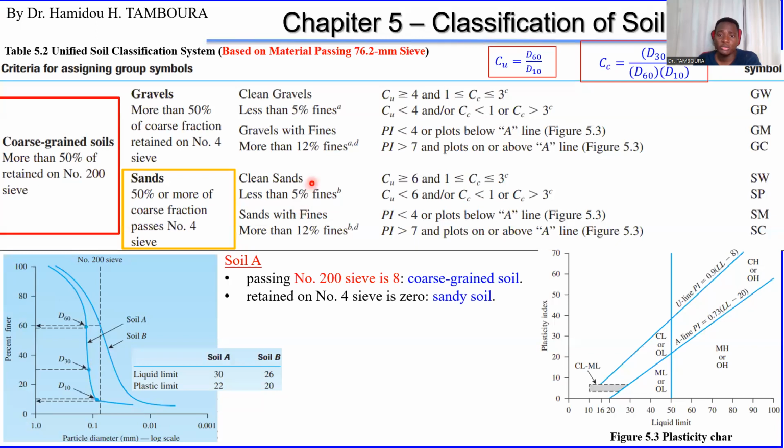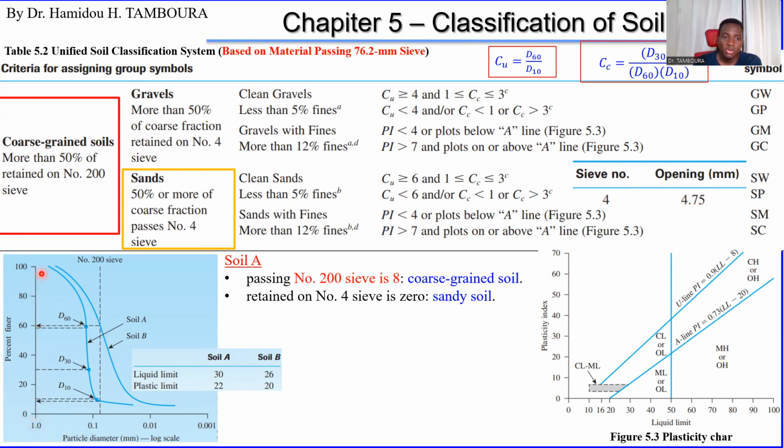Then we have to check these coefficients, Cu and Cc, and see what their values are. Sieve number 4 has an opening of 4.75. You see, the maximum opening here is 1.